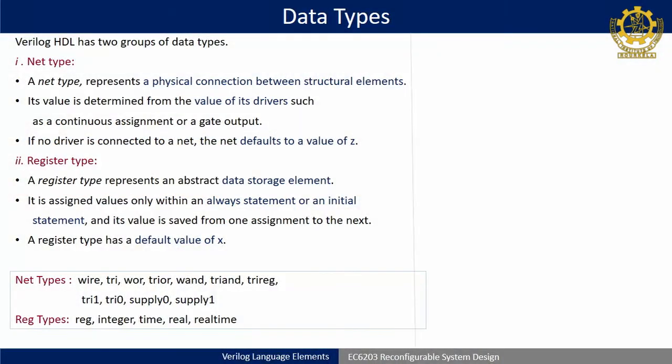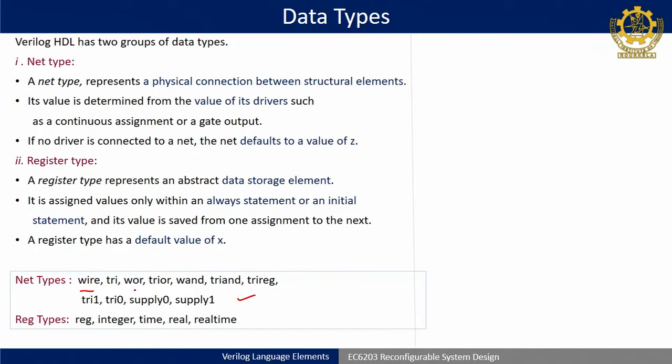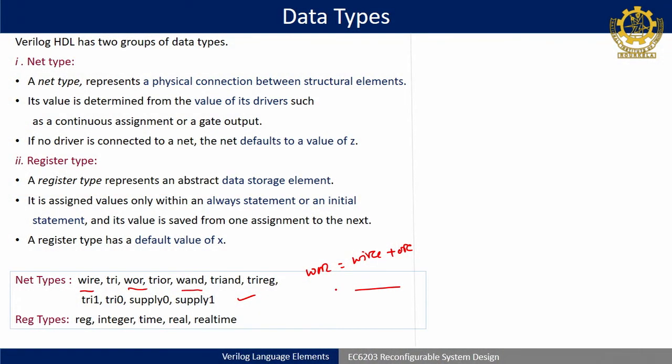Under the net type of data type, we actually have lots of data types here. Until now you know wire is the only data type that Verilog supports for net data type. But apart from wire, there are many others. You see wor. WOR is something like wire plus OR, and WAND is wire plus AND. That means a single net may have multiple data input driving capacity.